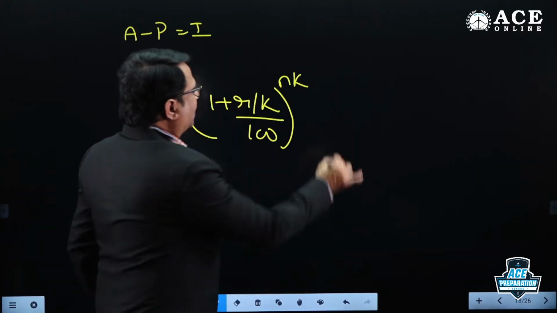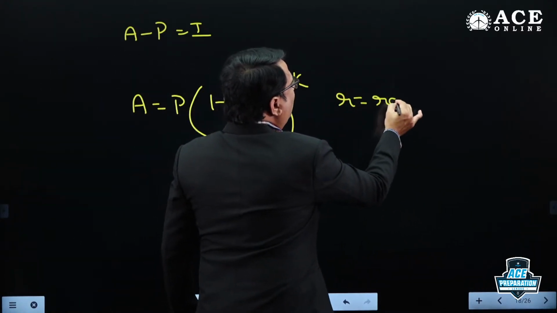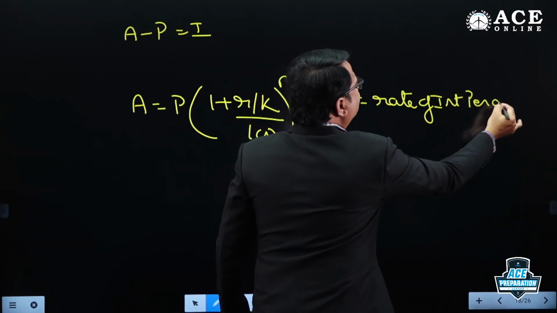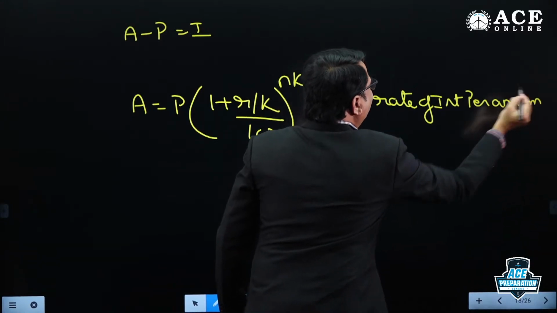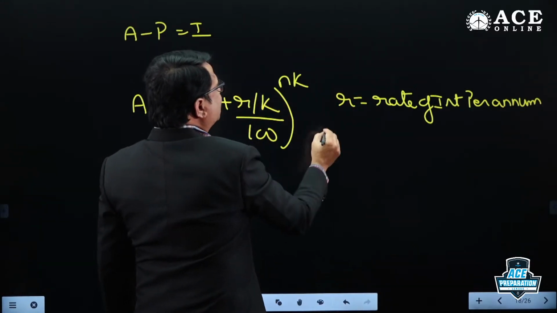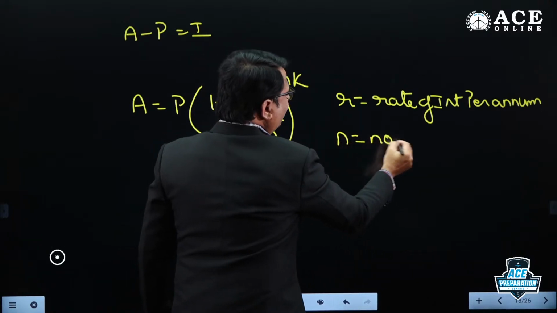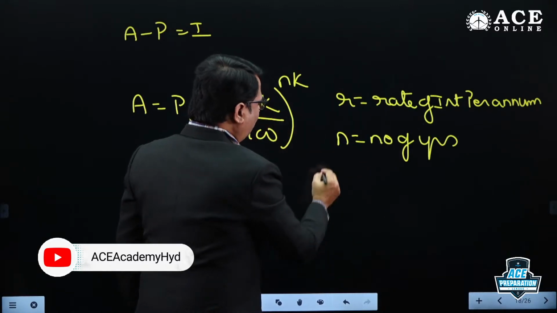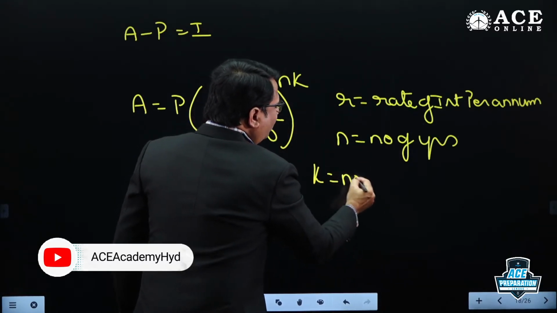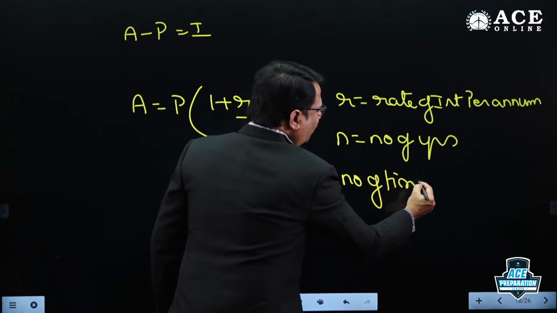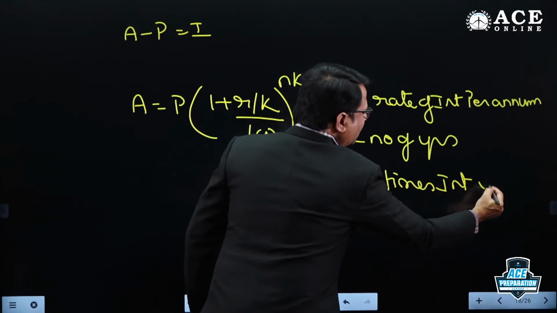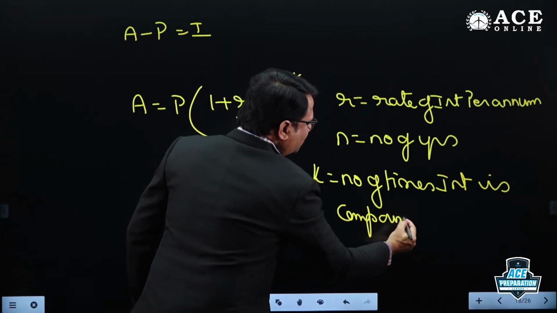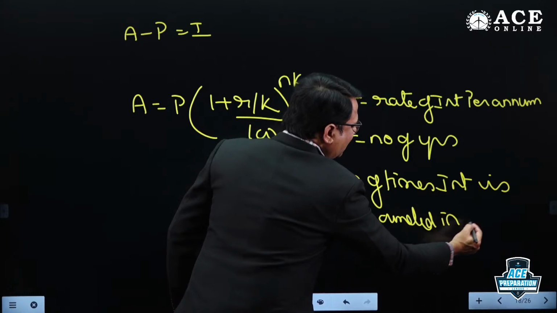What is N? N is the number of years. And what is K? That is the important point. K is the number of times interest is compounded in a year.